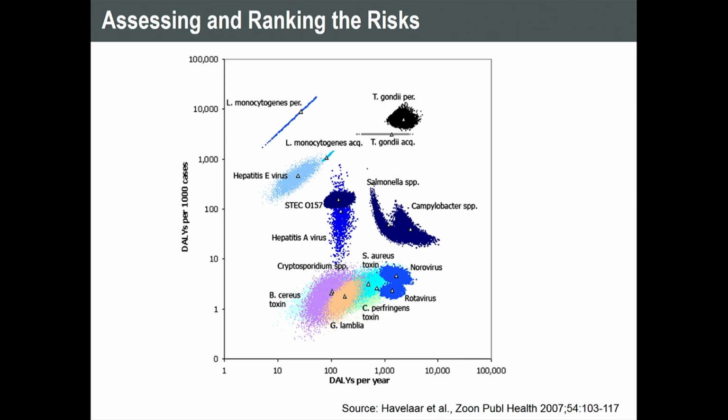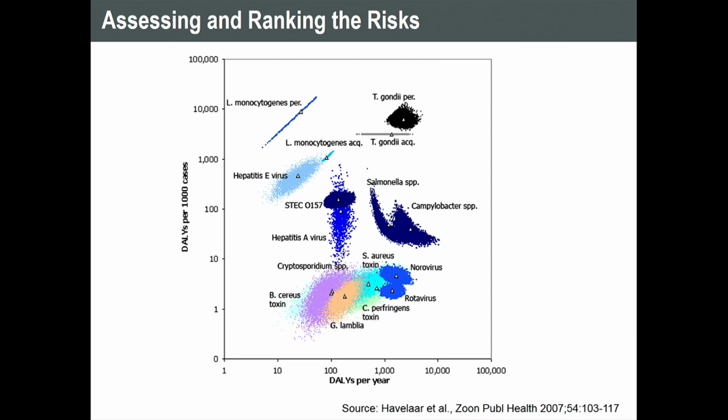We rank out the risks, and then as a group, as a society, we have to make decisions on where we're going to allocate these risks. Does severity of illness drive our decision-making more than the number of illnesses? So if we were looking at number of illnesses, one of the things I will say is that Toxoplasma is popping to the top.